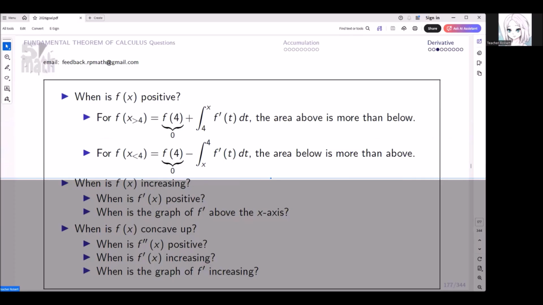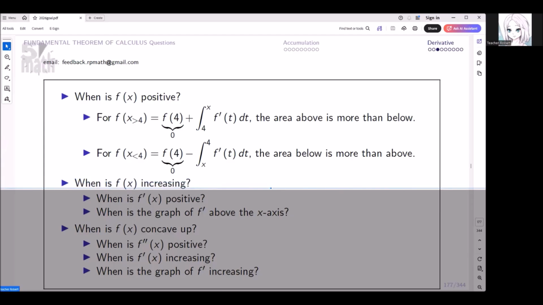For x less than 4, f of x equals f of 4, which equals 0, minus integral from x to 4 f prime of t dt, the area below is more than above.